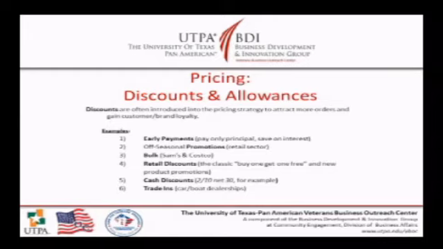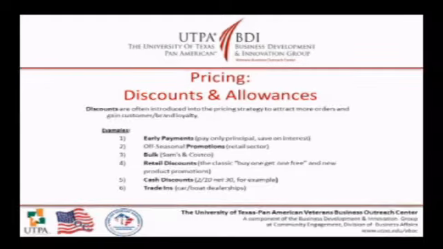So retail discounts, an example is buy one, get one free. They also have cash discounts, and here we have like 2/10, net 30. I know some people get confused about what those numbers mean.